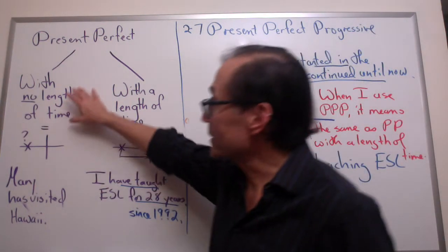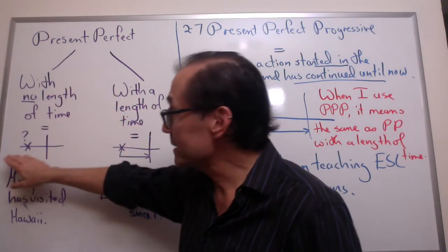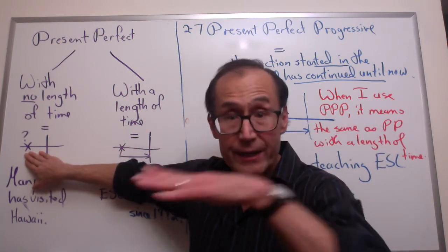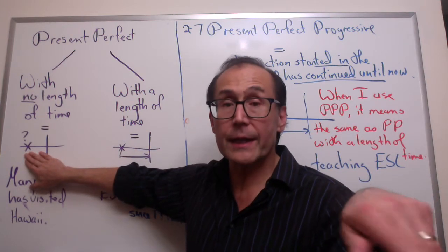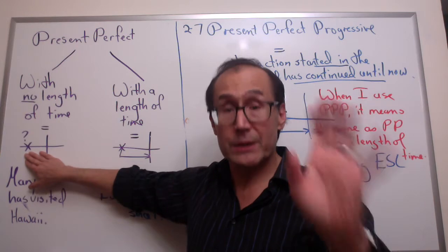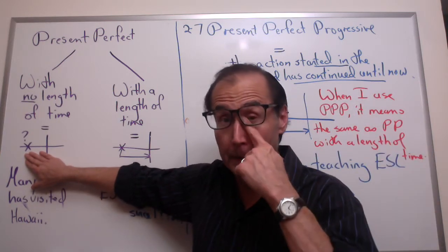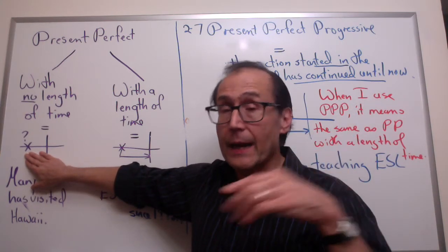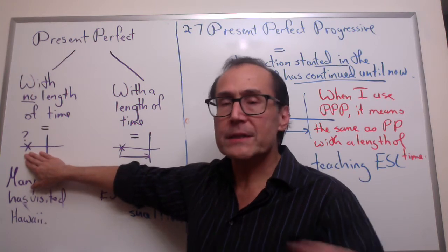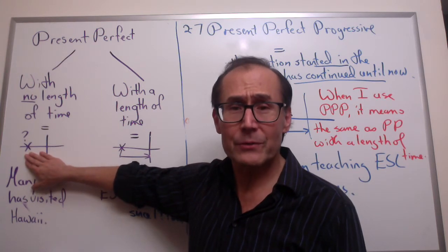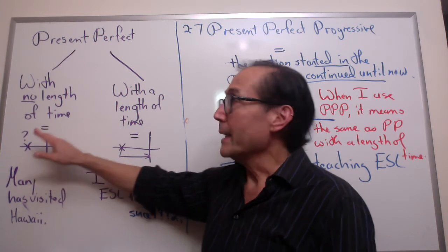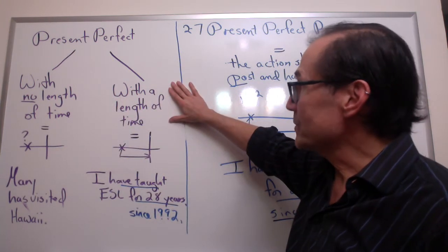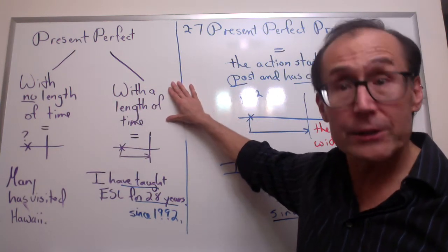If I use it with no length of time, it means it just happened in the past, it's finished. Doesn't continue until now. It happened in the past, but the time is not clear. And I'm usually saying it happened recently, or it happened sometime in my life, between the time I was born and now. If I use it with a length of time, the meaning changes.